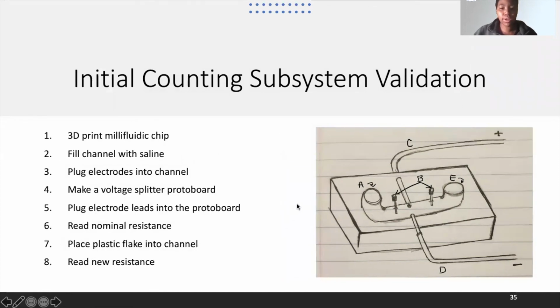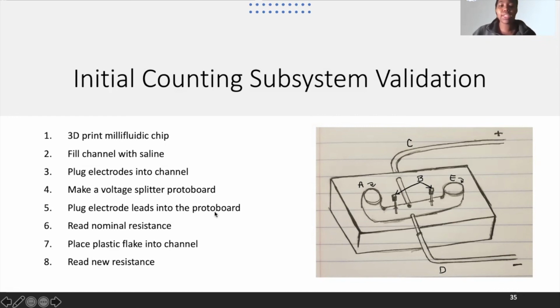So the way this is going to work is we're initially going to inject the saline alone to ensure that we get the resistance without any microplastics or any particles in there. And then we're going to introduce a microplastic, 5 millimeter size. And then we're going to measure the resistance that we're going to get for that. And then we're going to repeat the experiment for smaller microplastic sizes, smaller microfluidic chip channels.